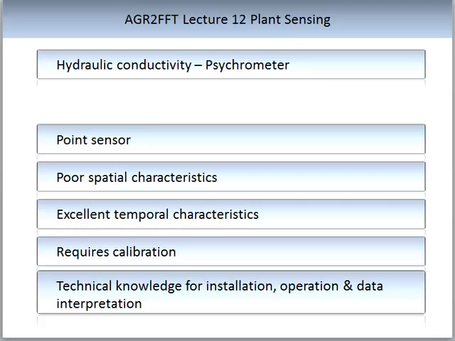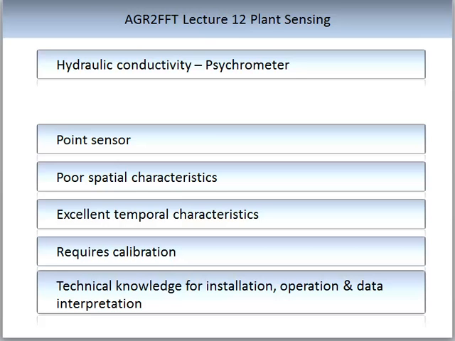This sensor tends to be quite expensive. It is called a point sensor. That is, it measures the stem water potential on one stem at one time. This results in obvious poor spatial characteristics. However, this instrument has excellent temporal characteristics, and it has certainly allowed the automation of plant water potential.